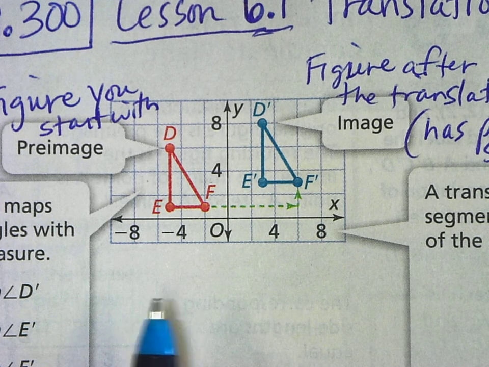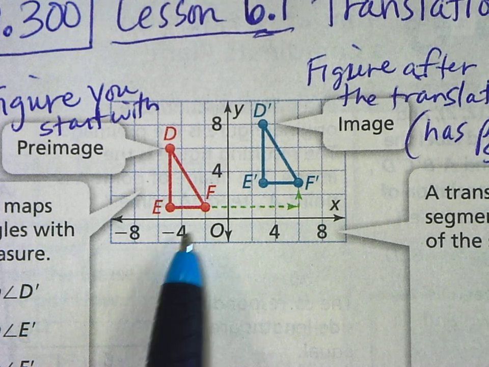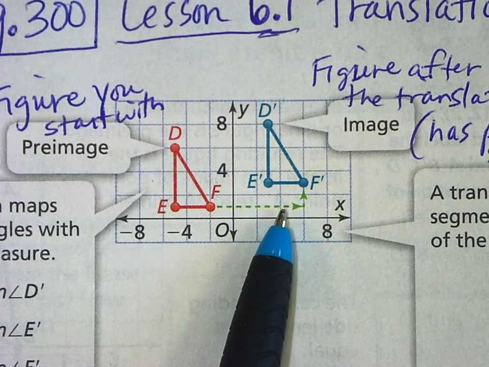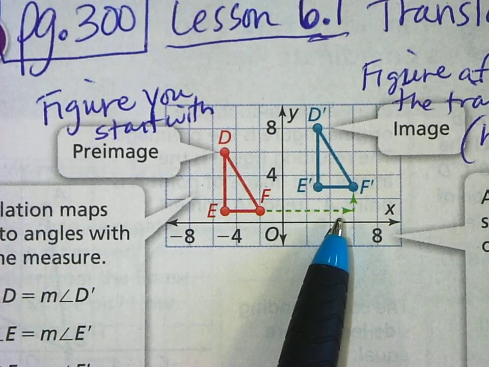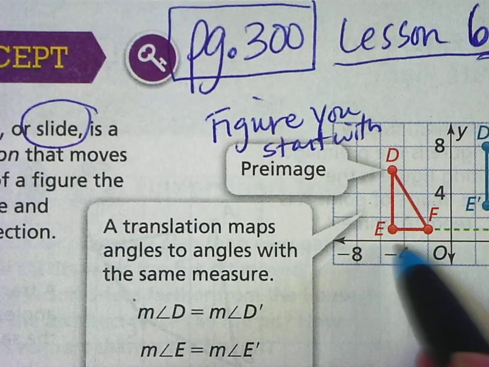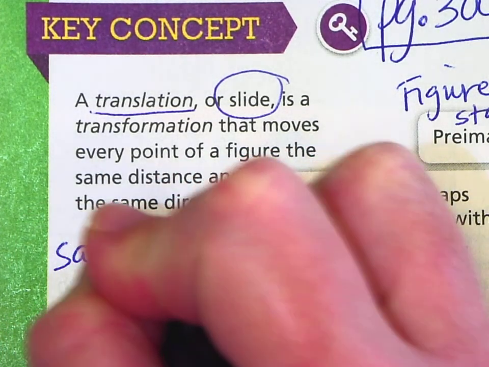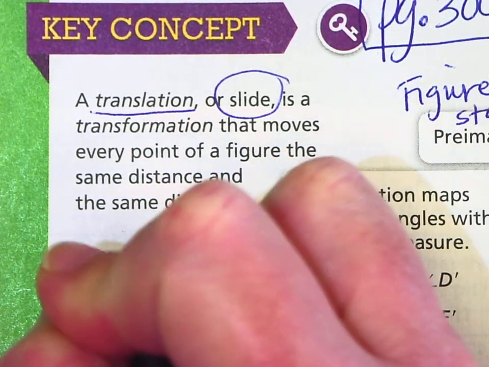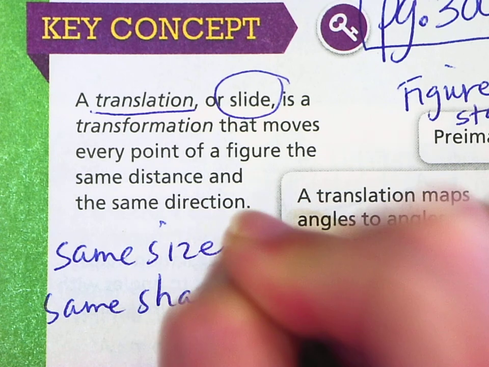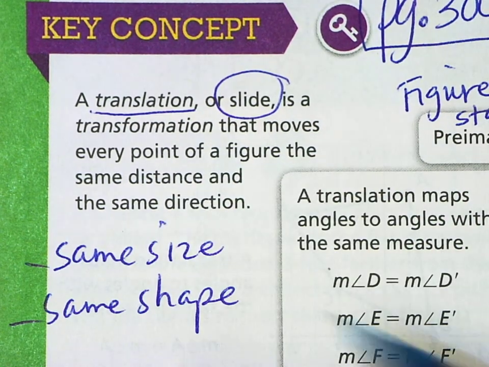We call that orientation. It's still the same size and the same shape, but we moved every point the same number of units and in the same direction.